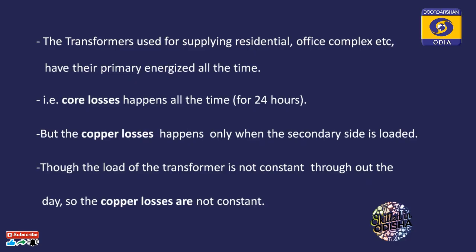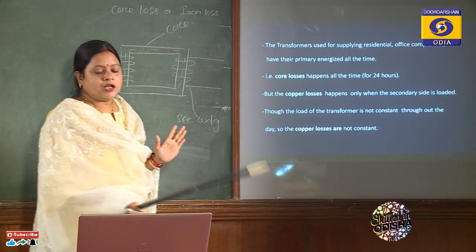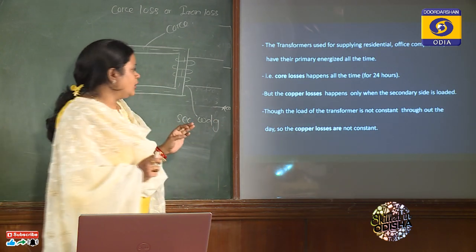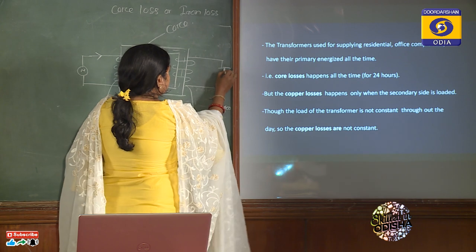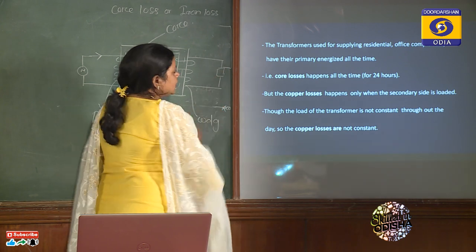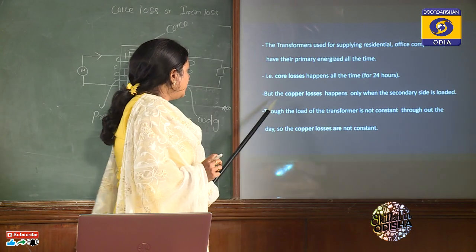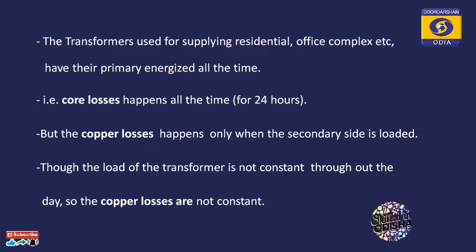Then what about the copper loss? When the transformer is on no load, we know that the copper loss is 0 because the current is 0. So when we give the load to the transformer, only then the copper loss occurs. The copper loss happens only when the secondary side is loaded.